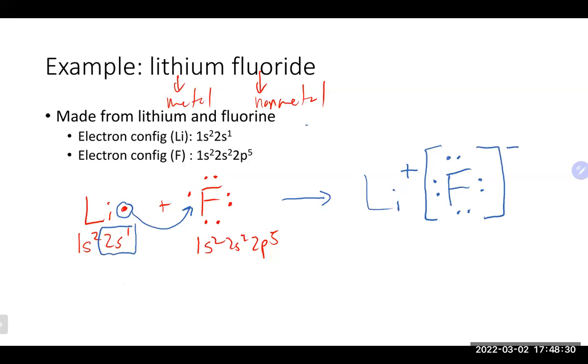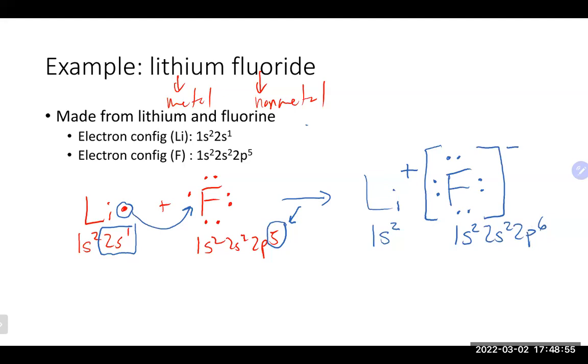When it does so, lithium with a +1 charge ends up with an electron configuration of 1s2. Now, the fluorine has some room in the p orbitals to accept that 1 electron that came over. When it accepts that electron, the fluorine ends up with 1s2, 2s2, 2p6.